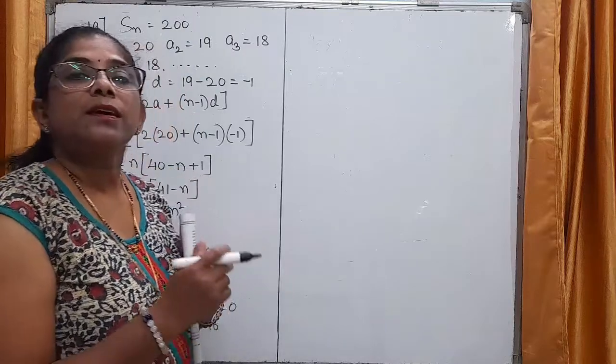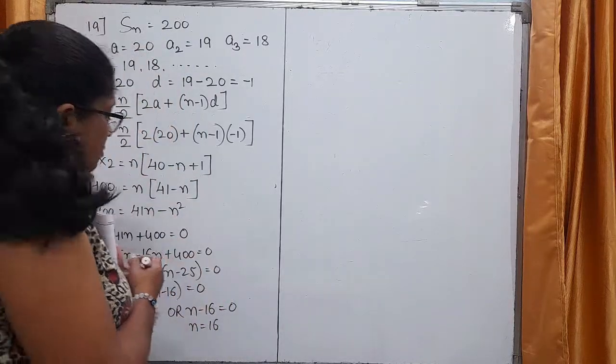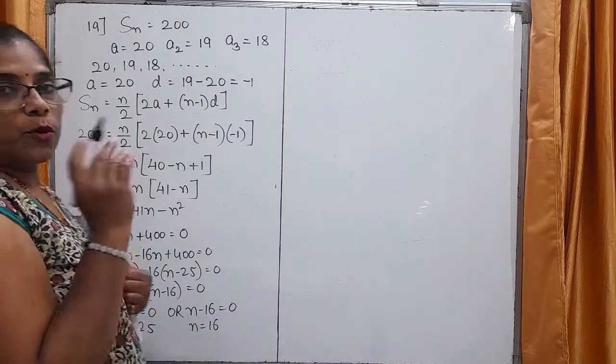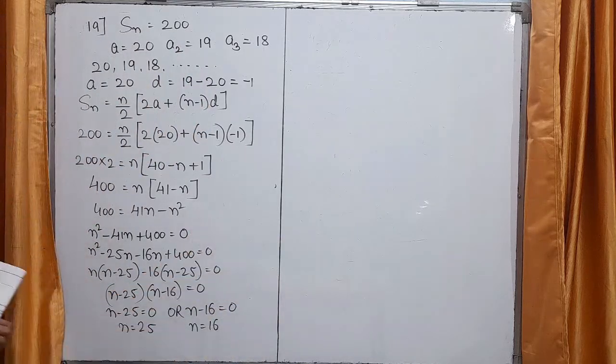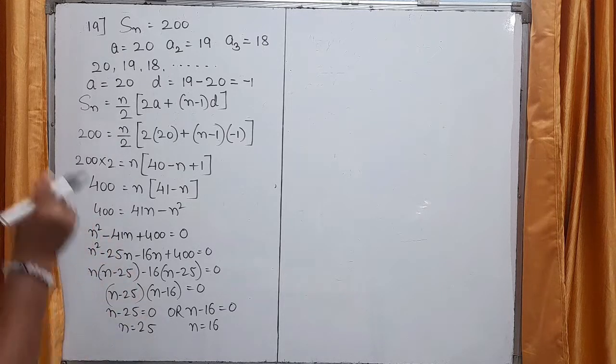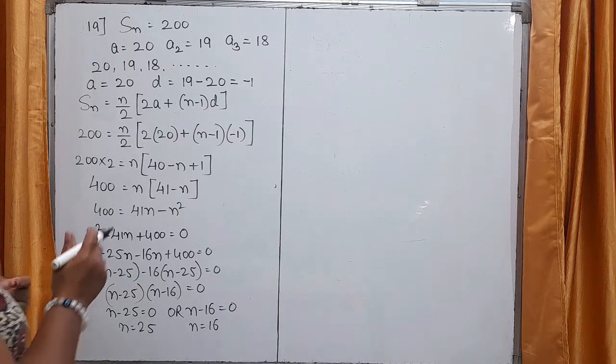Now which is the correct value? Because n is the number of terms, it's always a natural number, and here both the values, that is 25 and 16, are natural numbers. So which is the possible value? Let's check this.